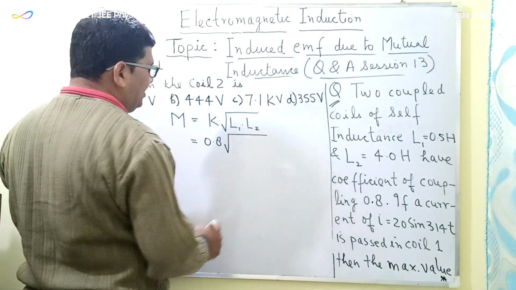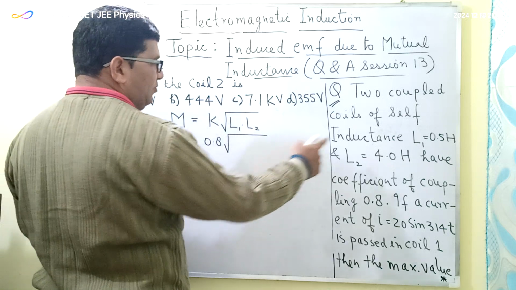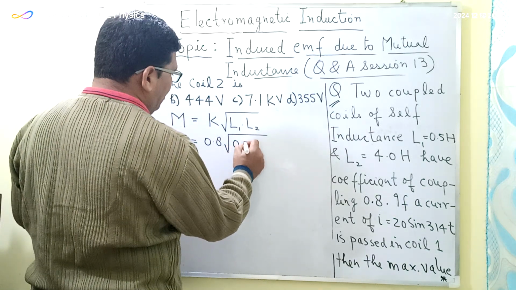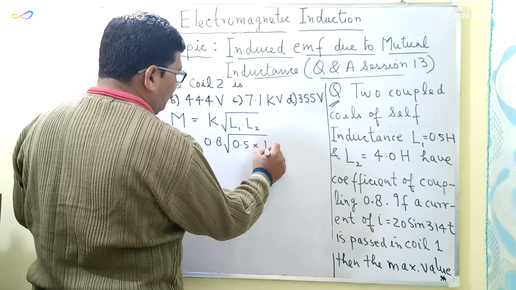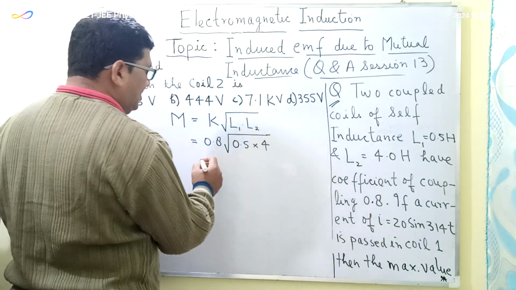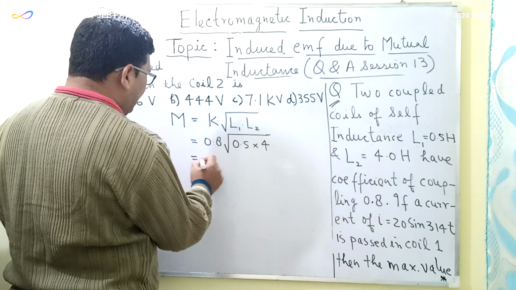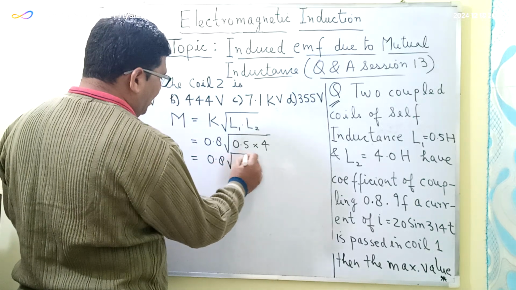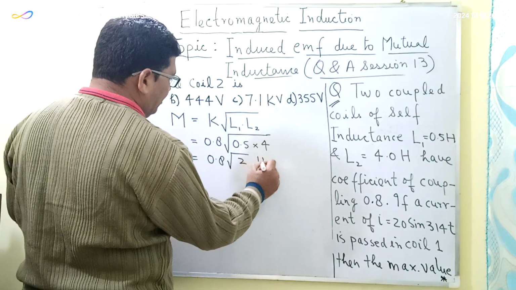Here L1 is equal to 0.5 and L2 is 4 Henry. So the value of the mutual inductance is equal to 0.8 into under root 2 Henry.